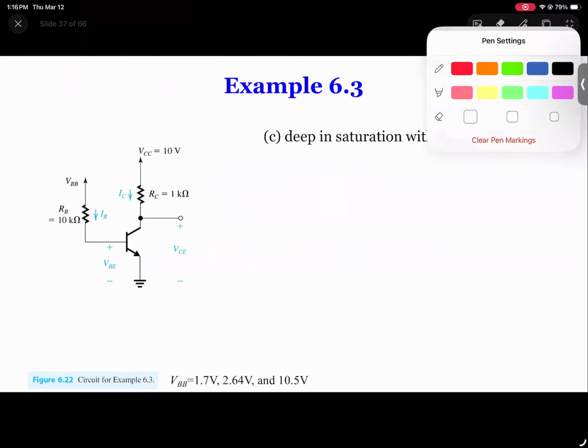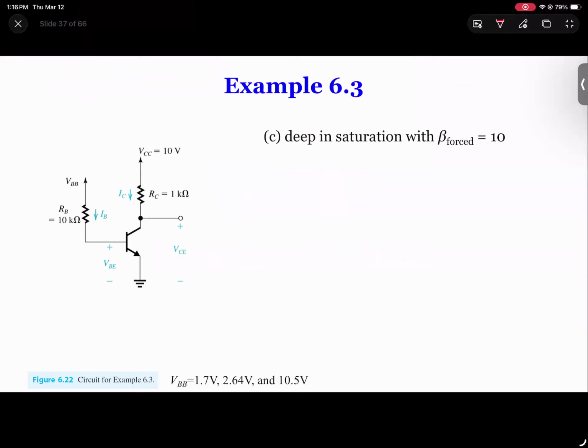The next question on this example is to look at when it's in deep saturation. Remember last lecture we talked about what deep saturation means. IC over IB becomes a definition called beta forced, so that is the saturated current IC divided by IB.